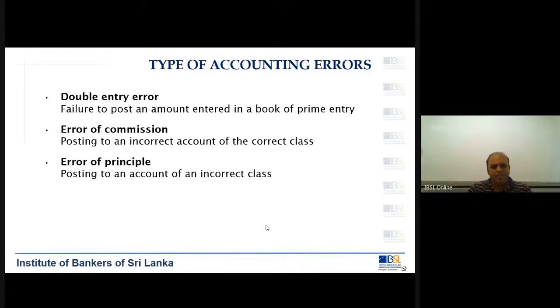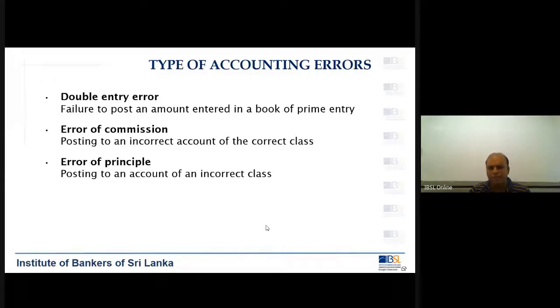The next error is slightly different to what we learned now. Error of principal: posting to an account of an incorrect class. This is similar to what I told you earlier. You have incurred an expense, but it is not a routine expense.